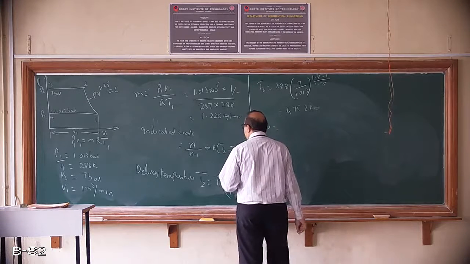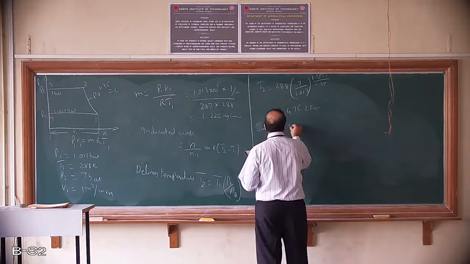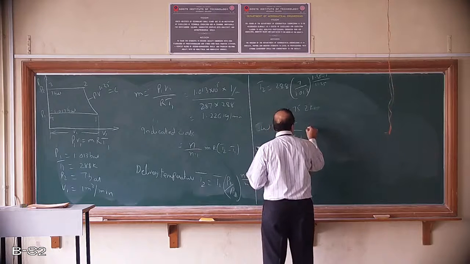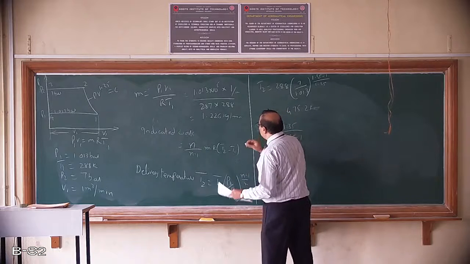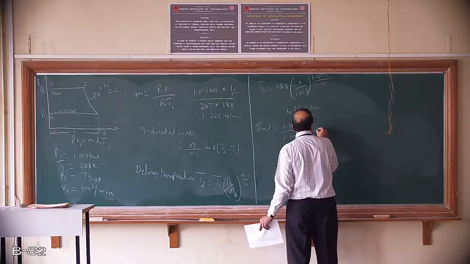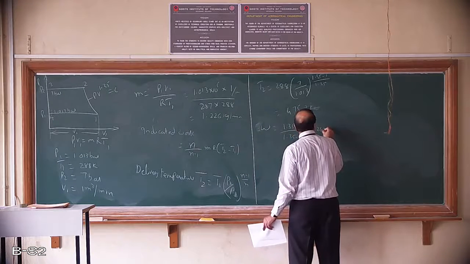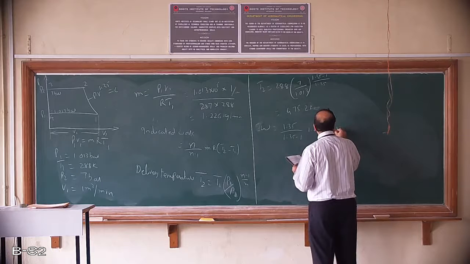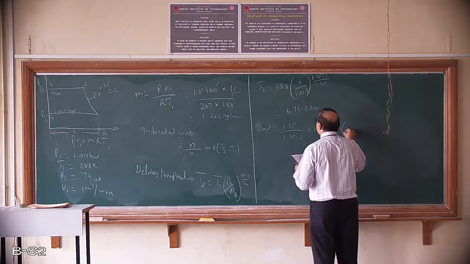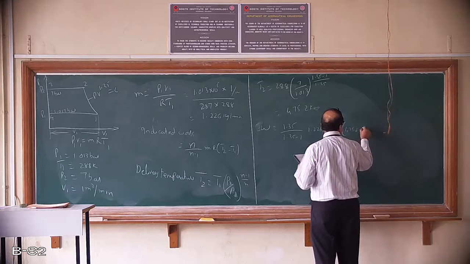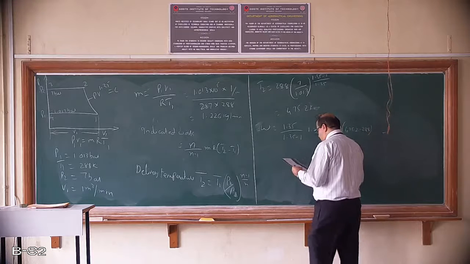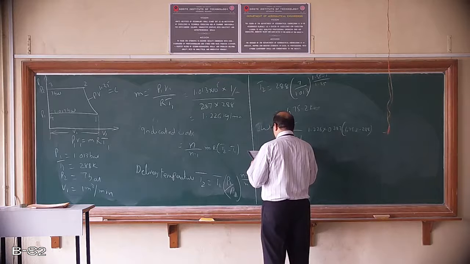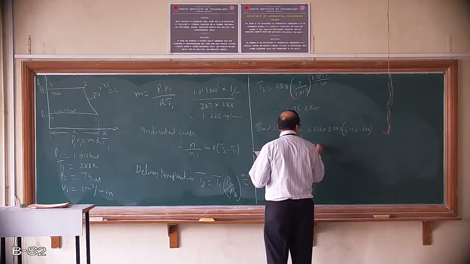So from this we can calculate indicated work done. Work done is n, 1.35 by 1.35 minus 1, m is 1.226, into 0.287, into T2, 475.2, minus 288. We get this as 254 kilojoules per minute.